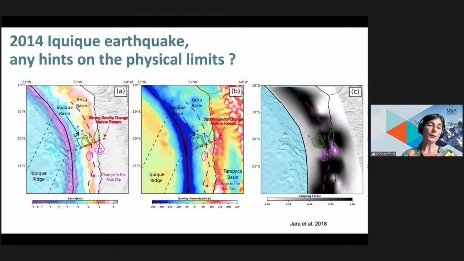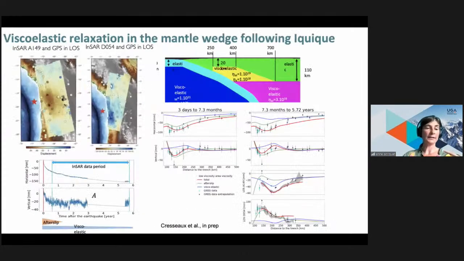Following this Iquique earthquake, of course, there was a lot of post-seismic deformation. Here you see an InSAR map, the ascending track and the descending track. You can see really well a strong deformation following the Iquique earthquake here. I'm showing that to say that to model this post-seismic relaxation that follows Iquique, we definitely need to implement viscoelastic models.